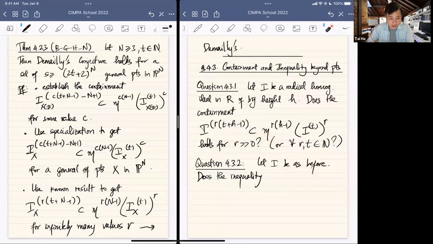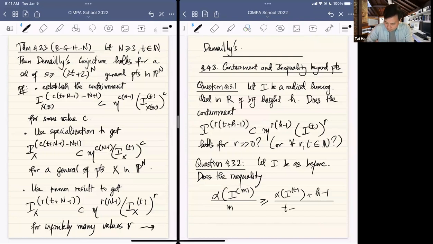Okay, so now the question about the inequalities. Remember that our initial inequality is alpha of I to the power m, divided by m, bigger than or equal to alpha of I to the power t, divided by t plus h minus 1. This is Demailly's conjecture. Instead of having n, you now have h. So t plus h minus 1.